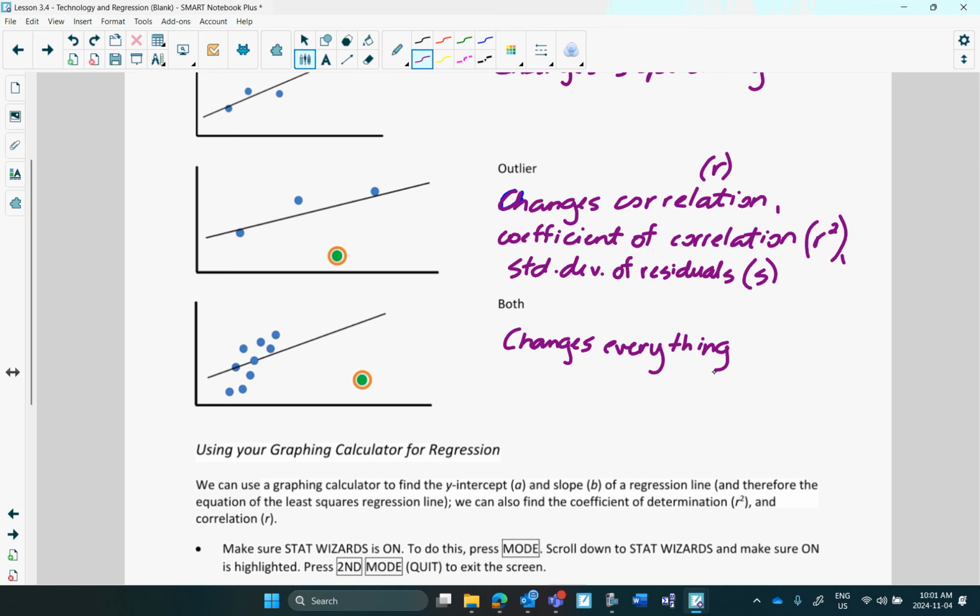That's really all you need to know about influential points. We're not going to go into any calculations like we did in the first unit when we actually calculated whether something was an outlier or not. Okay? You just have to be familiar with what happens to these characteristics when influential points are removed.